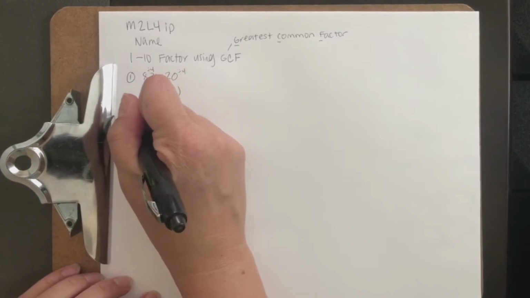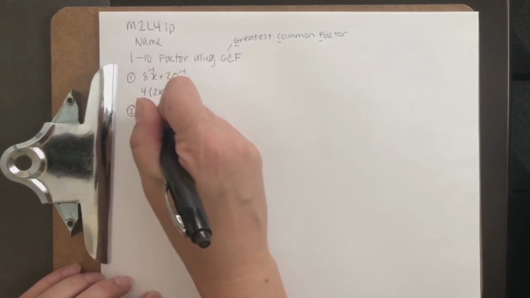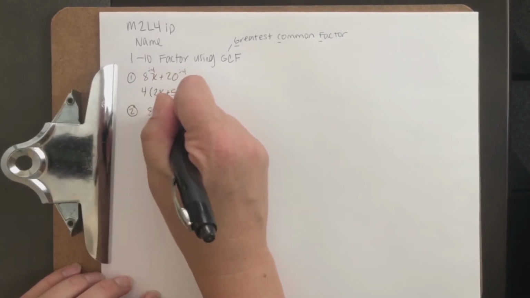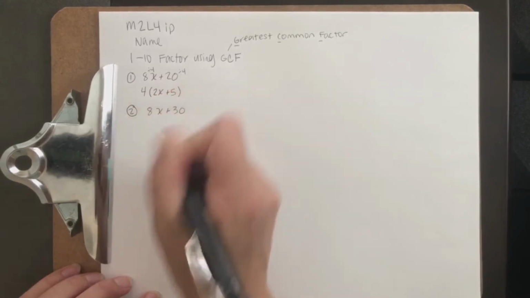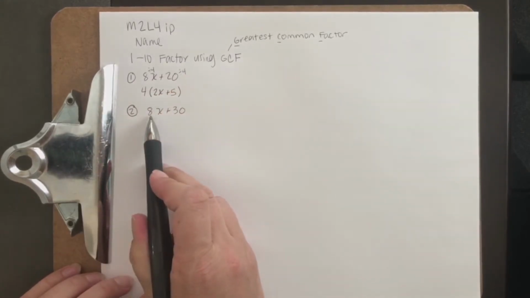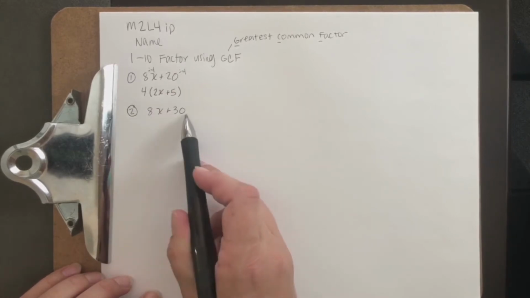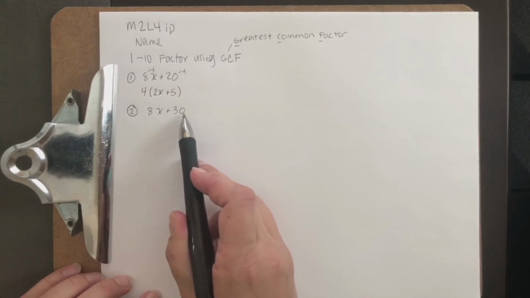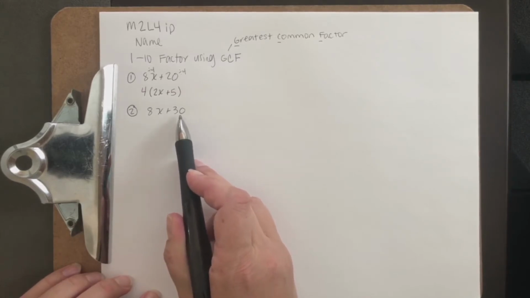Number 2. 8x plus 30. So 8 has 2 and 4. 30 has 2 and 15. 4, nope, not 4. 4 would be 7.5, not a whole number.